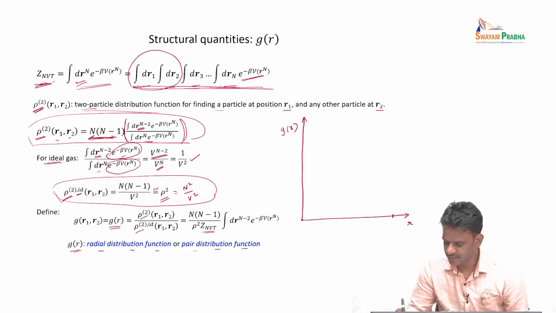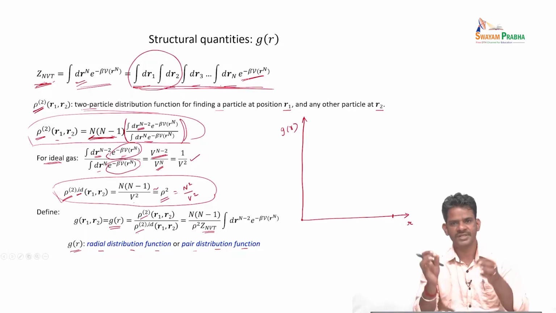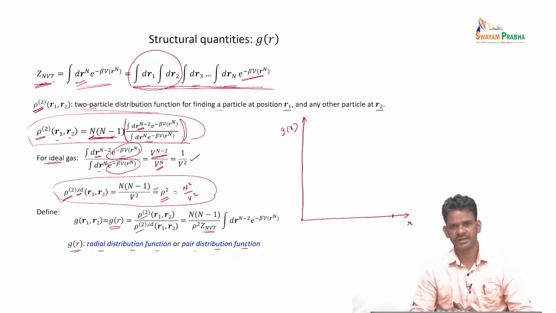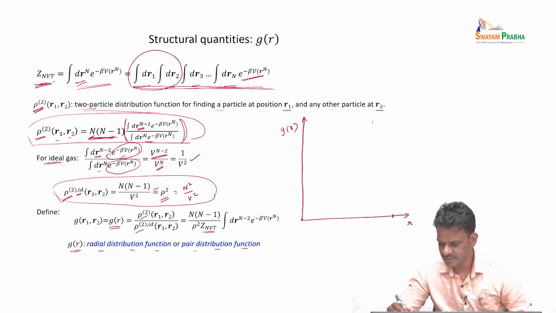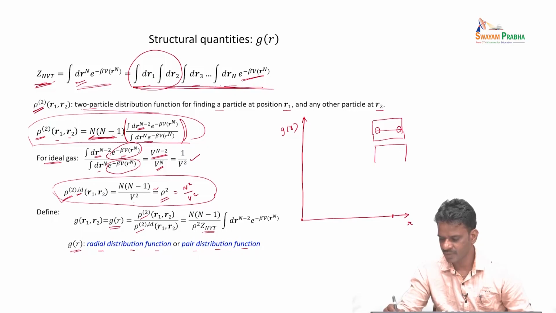Suppose I take very large r values. So, r is basically the distance between 2 randomly chosen particles. Okay. So, in this case, let us say I have a system where 2 particles are far away from here, and correspondingly there is an ideal system at the same distance.